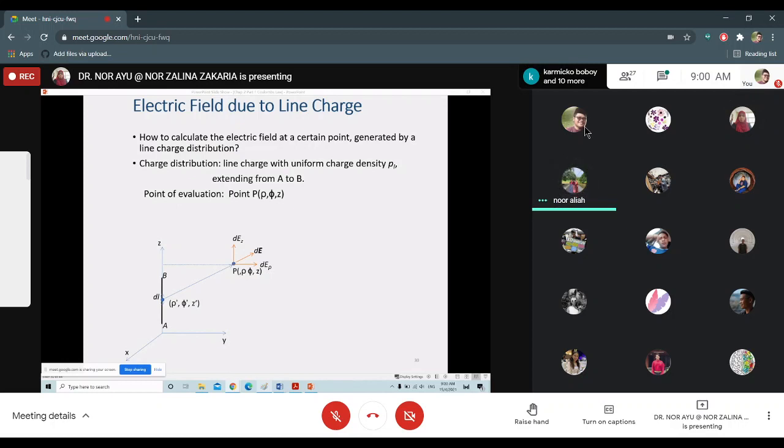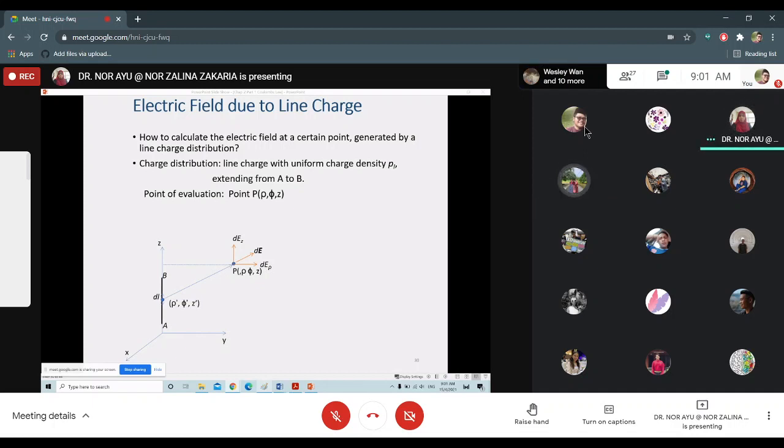One by one. dl has 3 components. What is it? dl equals d rho a rho. That is one. dl equals rho d phi a phi.